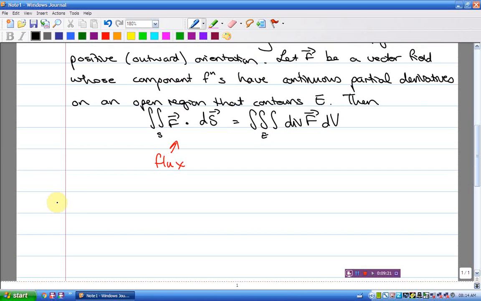Let's have a look. That'll be number 52. Find the flux of the vector field, that thing, through the surface of the unit cube.